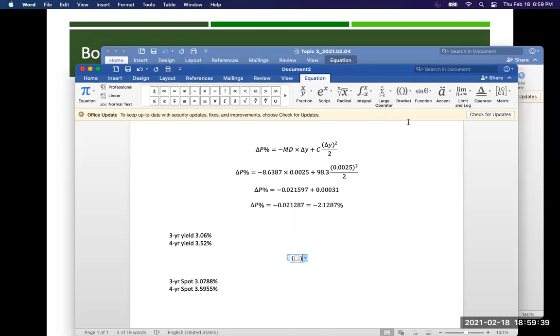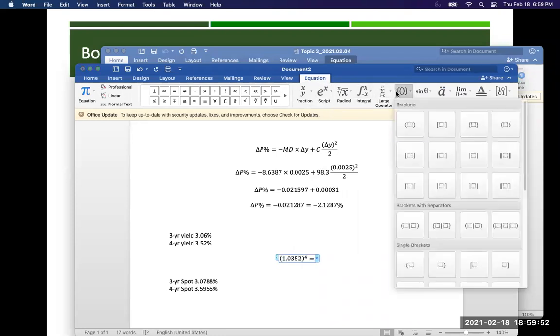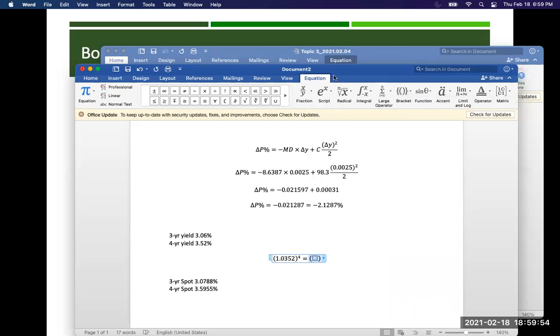Remember, essentially that formula, 1.0352 to the power 4 should equal 1.0306 to the 3 times 1.